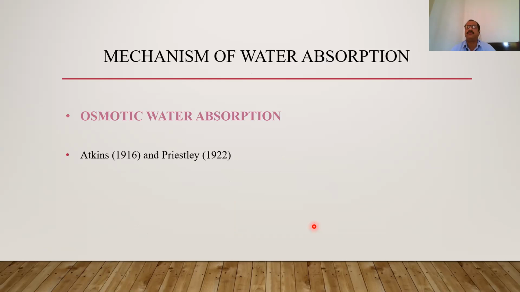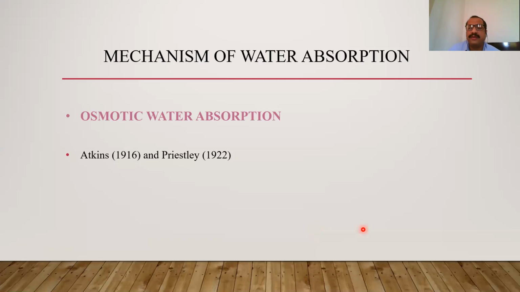The first method of water absorption, which is active method, was proposed by two scientists, Atkins and Priestley, in different years, 1916 and 1922. The same concept was proposed by two different scientists at two different places, because at those times it was not possible to have very quick communication among the fraternity of scientists.